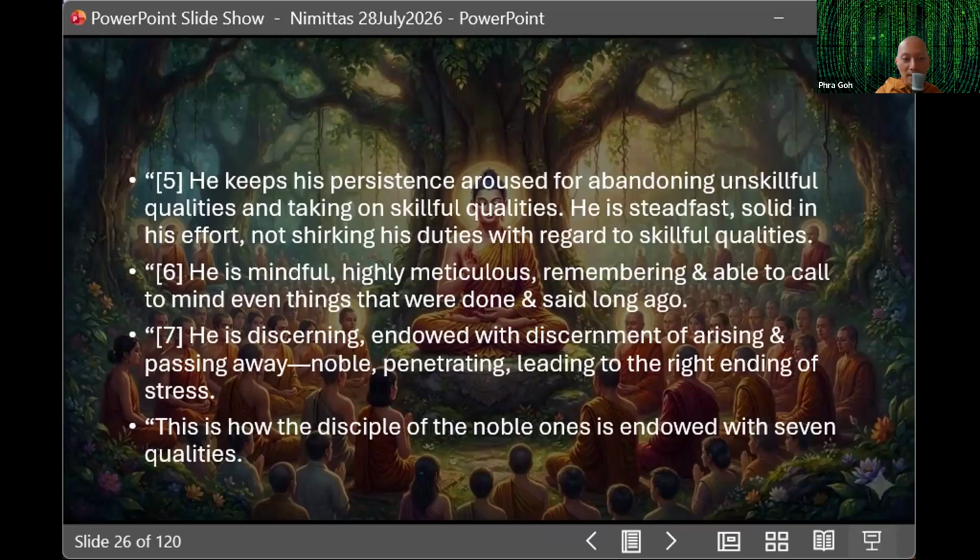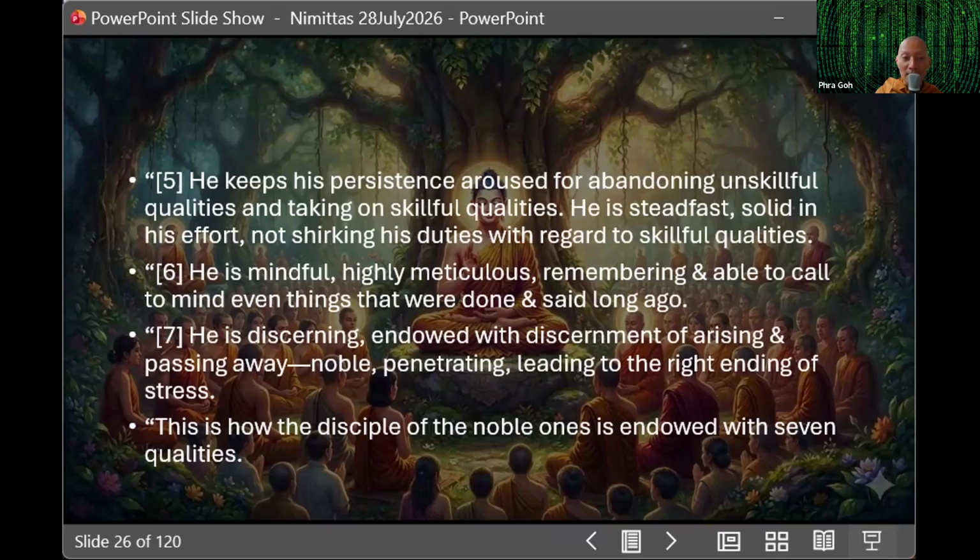Okay, and number 7, he is discerning, endowed with discernment of arising and passing away, noble, penetrating, leading to the right ending of stress. So down here, number 7 talks about wisdom. You need to be able to discern the arising and passing away of all phenomena, the 5 aggregates.